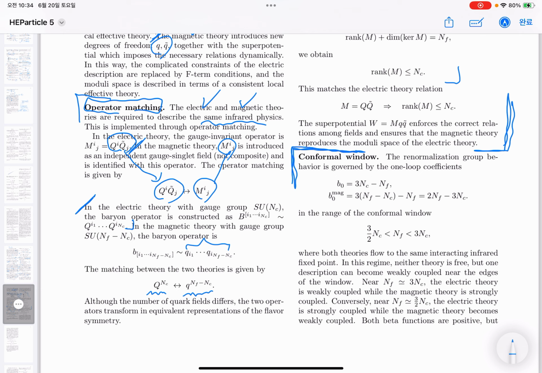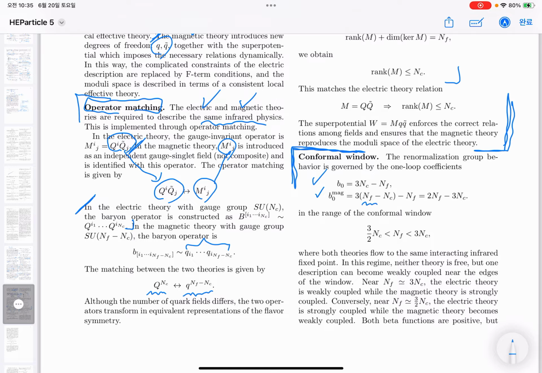So based on this Seiberg duality between the electric and the magnetic theories, we can evaluate the RG behaviors to obtain the IR fixed point from the UV model. The one-loop coefficients are determined by N_C and N_F. The first one is the coefficient of the beta function for the electric one, and the second one is for the magnetic.